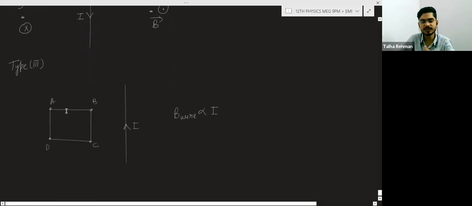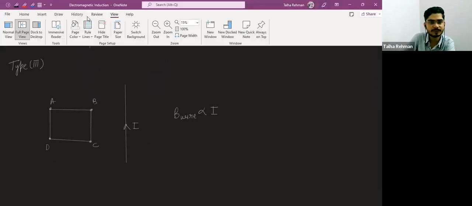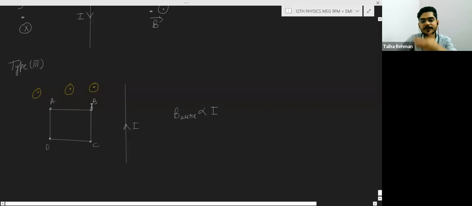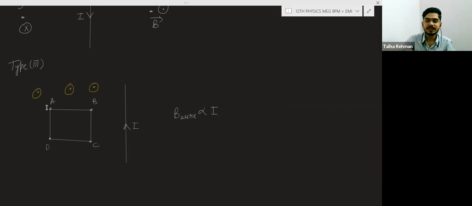So in this region the magnetic field produced by the wire is outwards, and the coil is also present in this region. As the current is increasing, the flux linked with this coil will increase. So there will be an induced current in this coil.